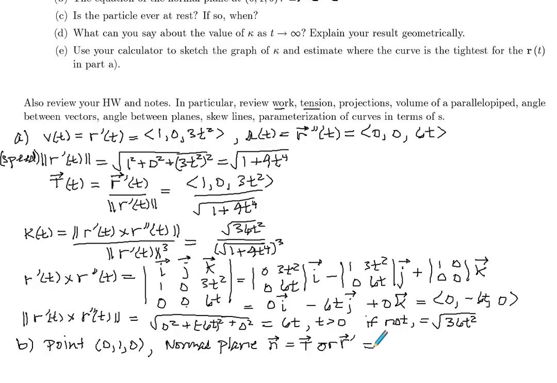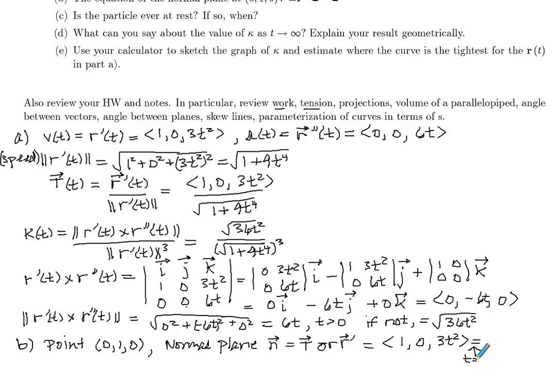For us, r prime is going to be a little bit easier to use. That's right here. Our unit tangent vector, we've divided out that length, which just makes it more complicated. So for us, that's 1, 0, and 3t squared. And then at the point 0, 1, 0, t equals 0.